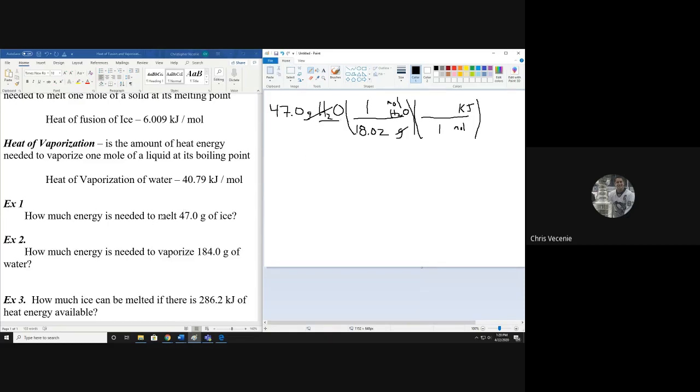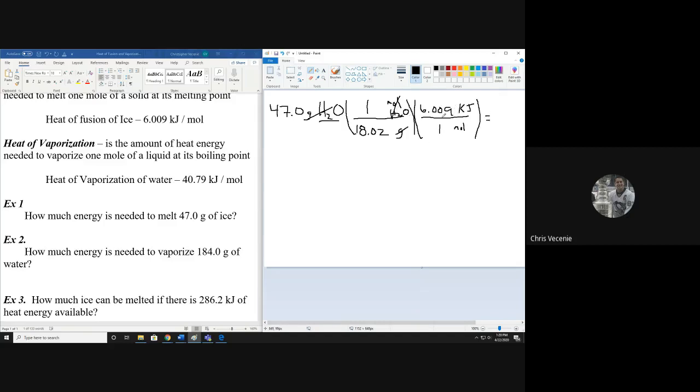So as I look into the question, I am melting, which means I'm looking at the heat of fusion, and it's ice, which means I can use the 6.009 kilojoule value, right, for this guy.